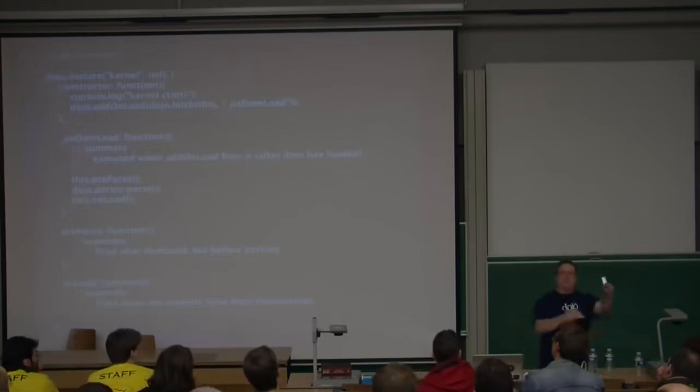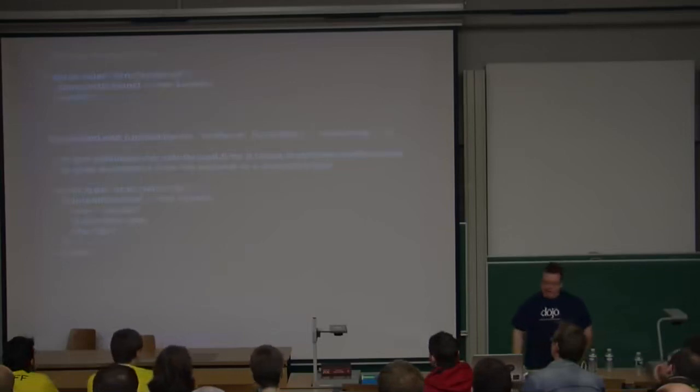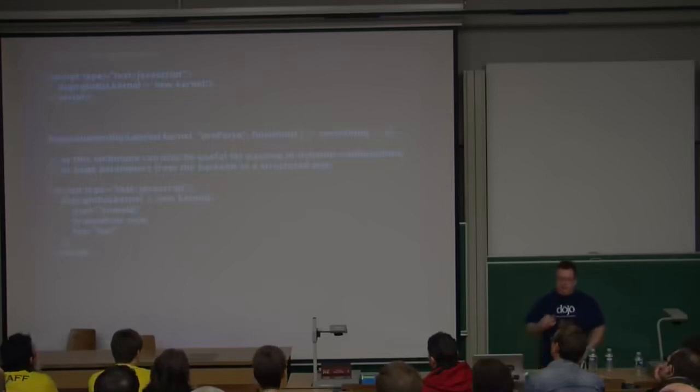But then basically parse the page and convert normal HTML nodes, upgrade them to digits, and then do something with them afterwards. And that's the simple part of the pattern. And so you just connect the kernel to a pre-parse call and then do something with it. And then you just load in, for example, here's a kernel, and it's got a user ID and some features, and a foo variable set to bar.